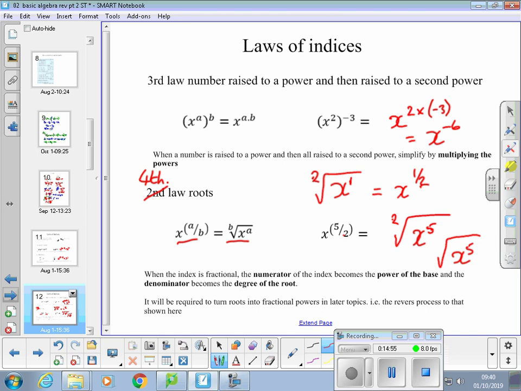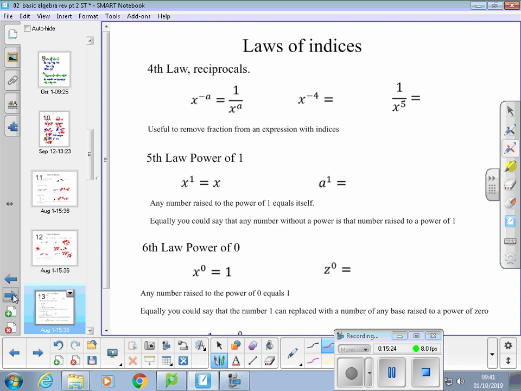Okay, and when you get roots in calculus, you'll need to be able to go from that form back to this to be able to do the work. Alright? Happy with that? As happy as you can be? Alright.